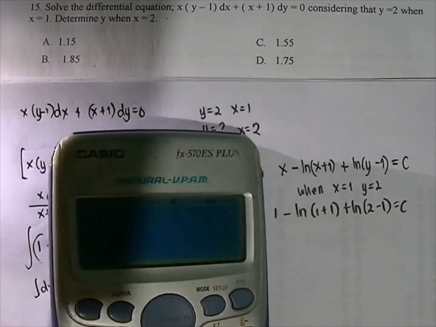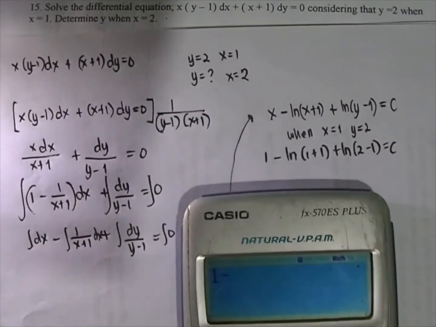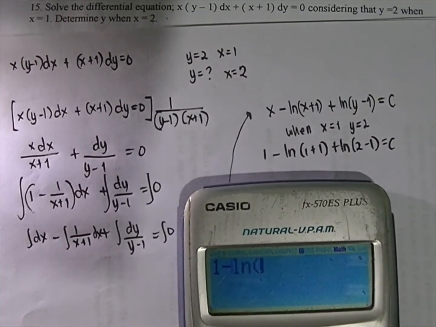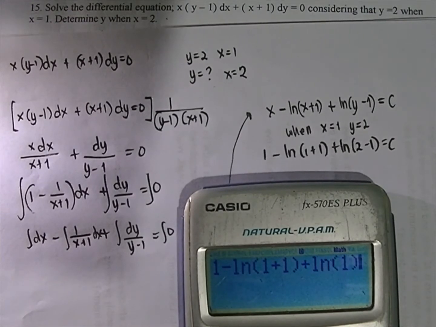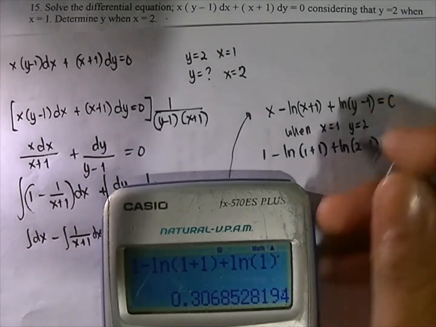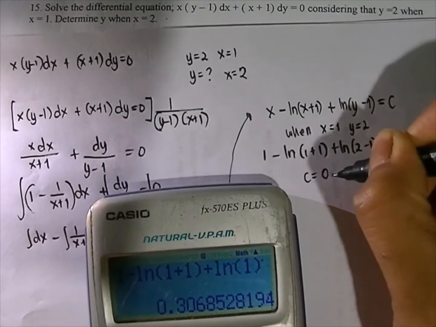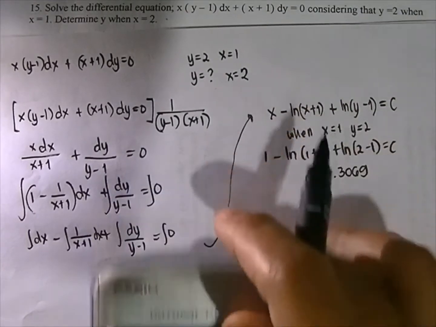So we have 1 − ln of (1 + 1) + ln of (2 − 1). So c is 0.3069.